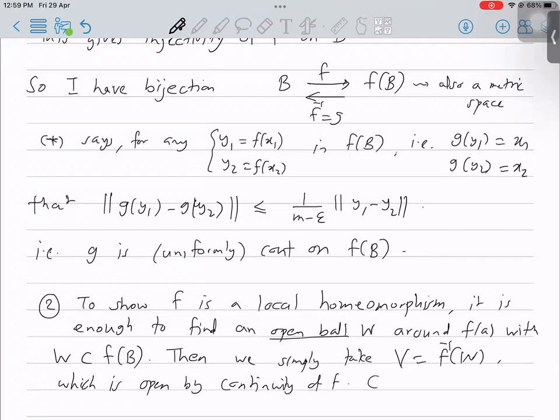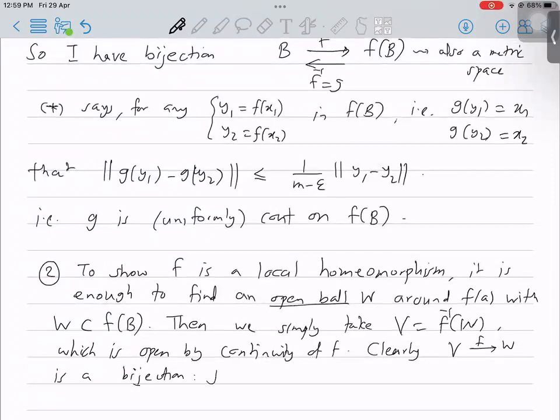And clearly f restricted to V and W is a bijection. Or I should say f and g are bijections, just restrict f and g from B and f of B respectively.